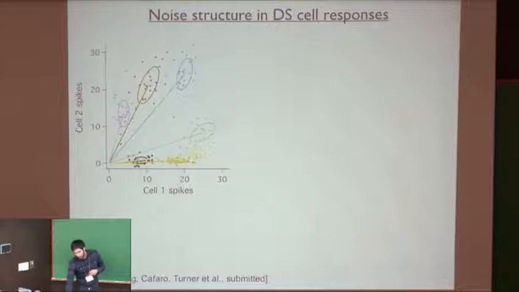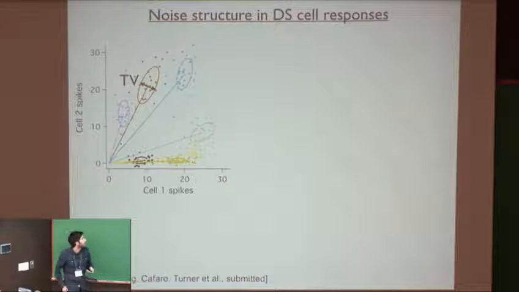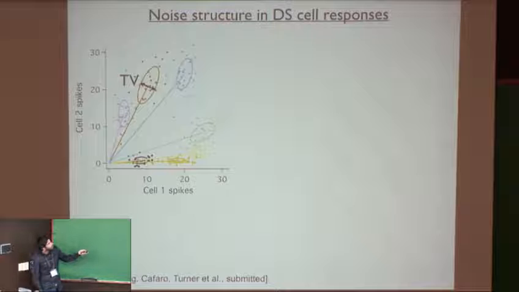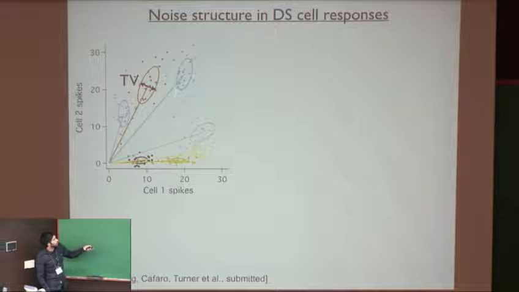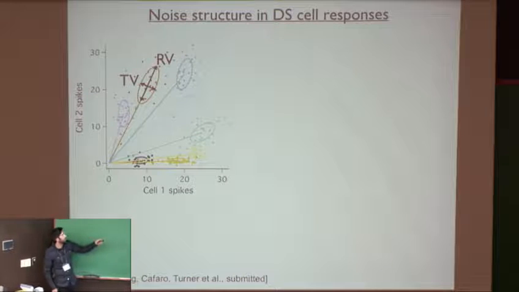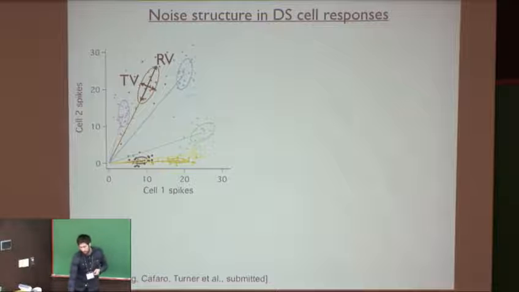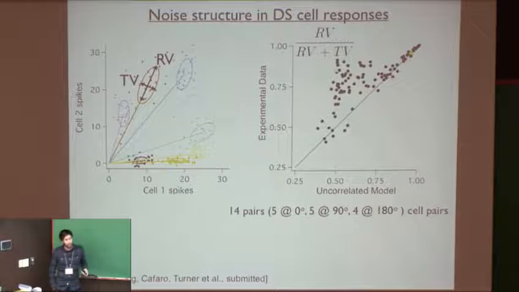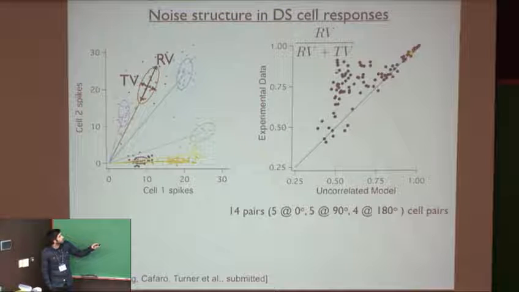To summarize our data over all of our recordings, not just this one example cell pair, we'll quantify the tangential variance, so variability along this direction that's orthogonal to the stick. We'll then estimate the radial variance, the amount of variability in the direction that's parallel to the stick, and construct the following metric, which is radial variance divided by radial plus tangential.